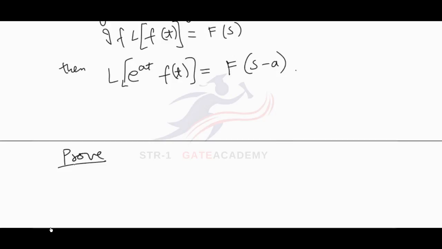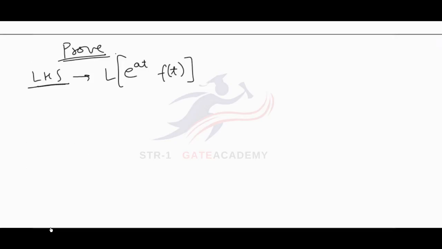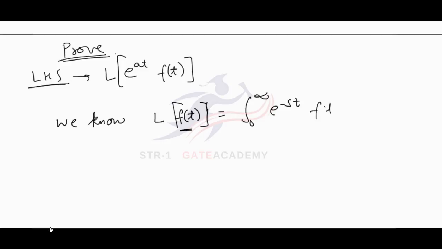I'm talking about the left hand side, Laplace of e raised to at f(t). From the basic definition of Laplace, we know that Laplace of f(t), whatever comes under this bracket, is nothing but the integration from 0 to infinity of e raised to minus st into f(t) dt.